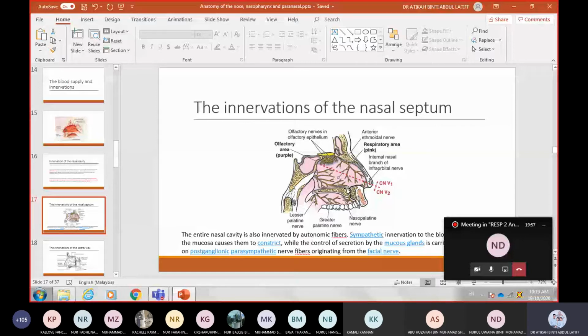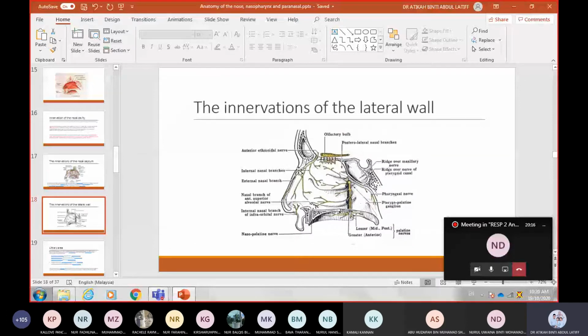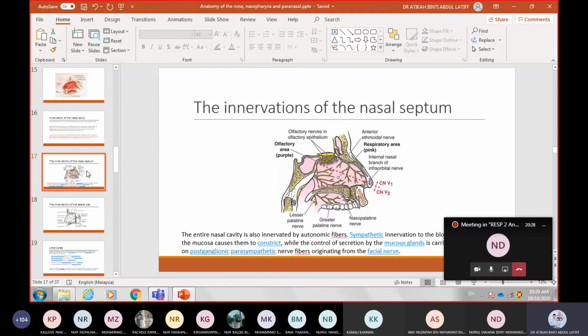Here you can also see this is your olfactory bulb. So for special sensory, this is your olfactory nerve. And you have your anterior ethmoidal. Then we have nasopalatine, greater palatine, and so on. Similar to this here.